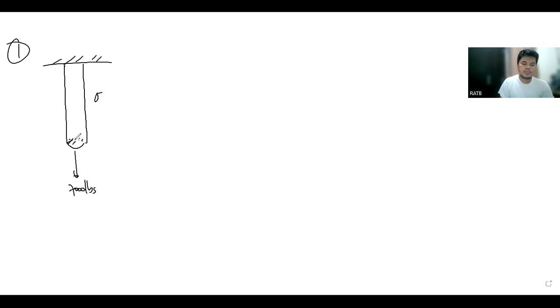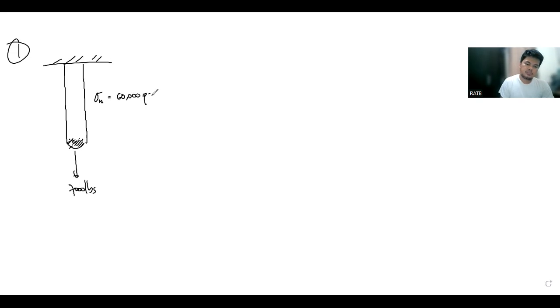So the ultimate stress is given. We refer this to the normal stress, because as presented, it is very apparent that the area being considered is the perpendicular area. The given stress is 60,000 psi.